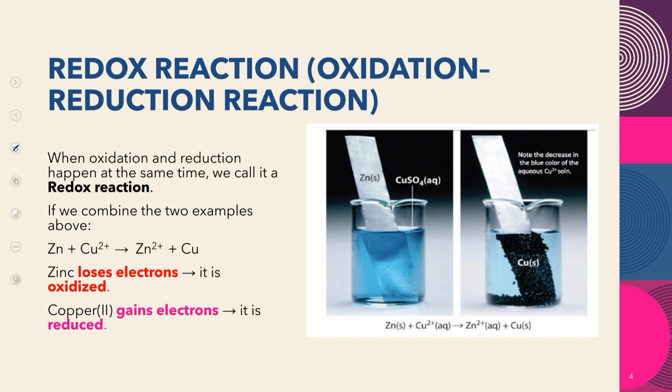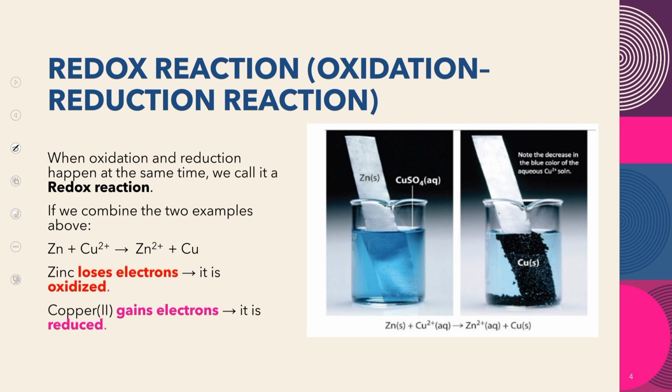So what is redox? You might have noticed that when I was reading out the learning objectives, I had mentioned redox. So redox is a short form of oxidation reduction reaction. So when oxidation and reduction happen at the same time, we call it a redox reaction.